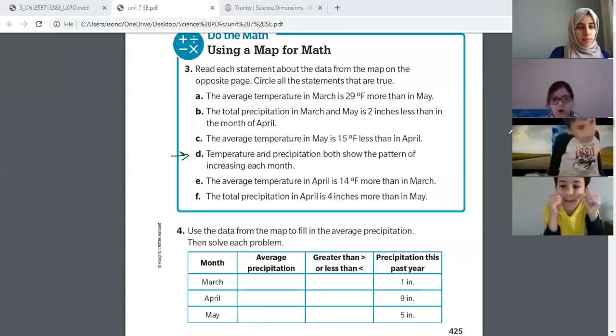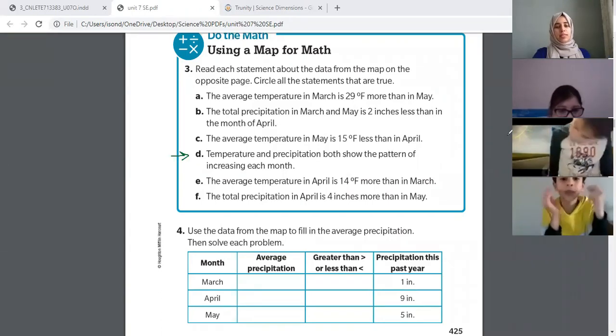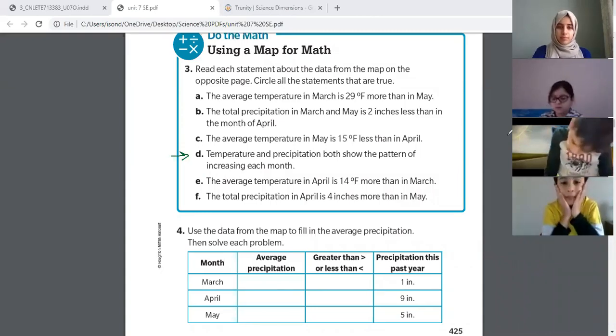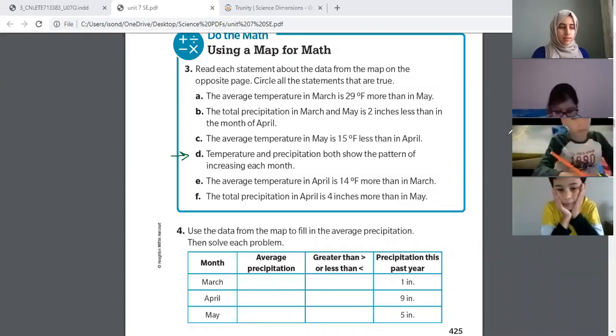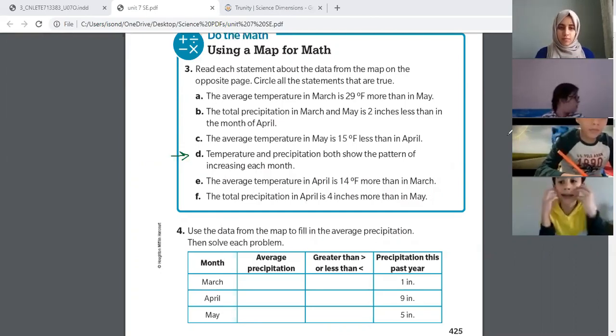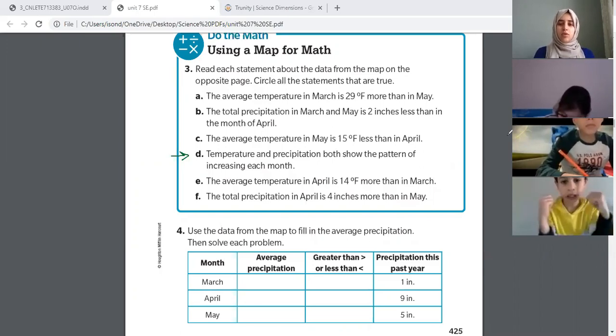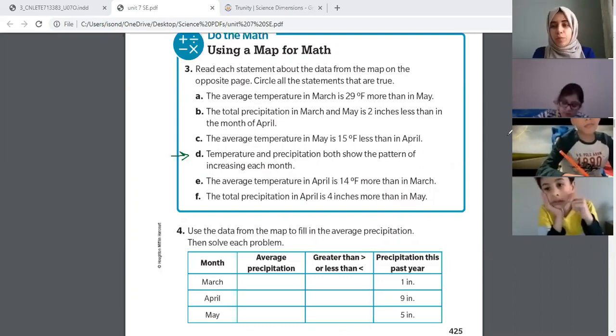Yusuf, read D, please. D. Temperature and precipitation both show the pattern of increasing each month. So now go back to the tables that showed precipitation and temperature.